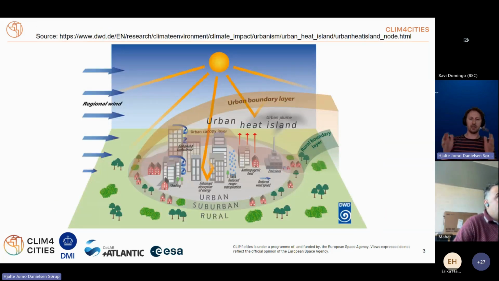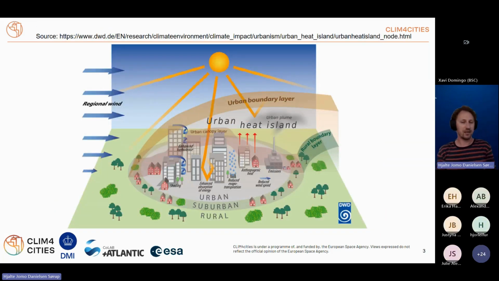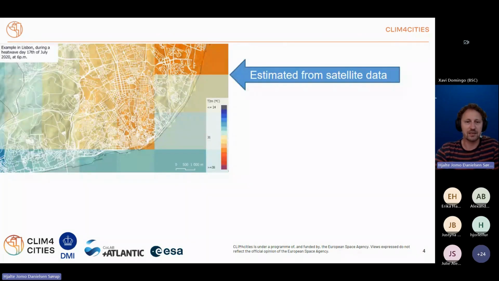So what is the CLIM4cities project about? It's about urban heat island: the effect that urban areas are warming up faster than surrounding areas, and how to actually quantify that. The idea is that if you look at something based on satellite products, it has a certain resolution. This is an example from Lisbon, from the Portuguese partners we have in the project.